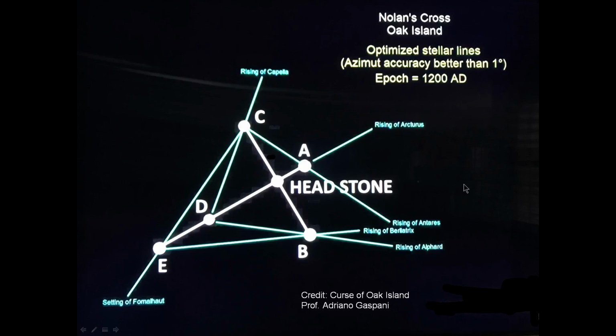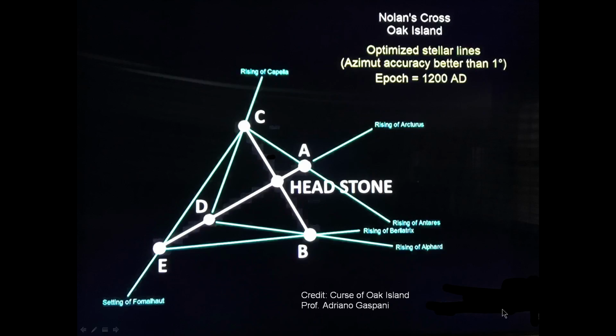So it is my opinion that cone D would be where you would start this sequence of alignments.